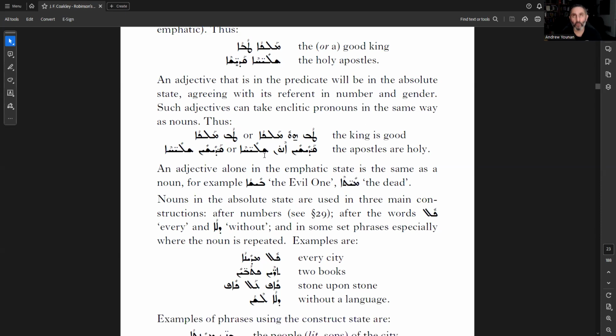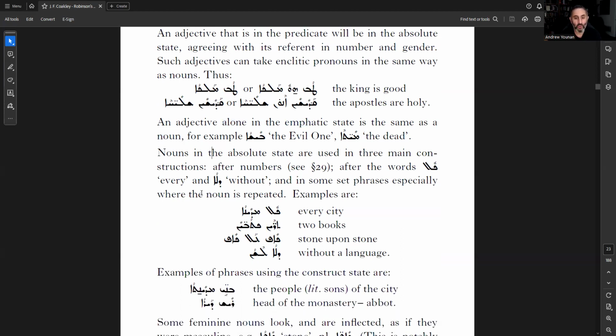Qadisha can mean holy, but it can also mean a saint. Qadishe can describe Gaure Qadishe, holy men, but if you just say Qadishe by itself, the adjective becomes a noun. Qadishe means the saints. So all adjectives work that way. If you take the adjective in the emphatic state, it turns into a noun by itself, an adjective alone.